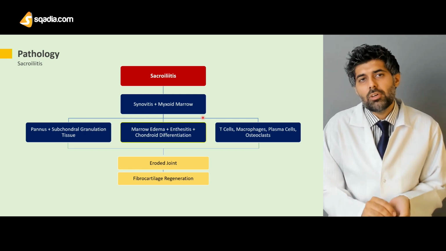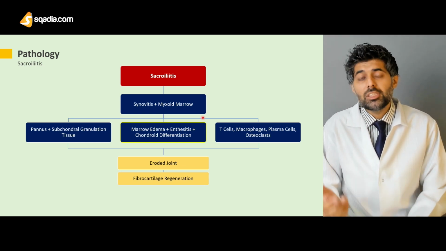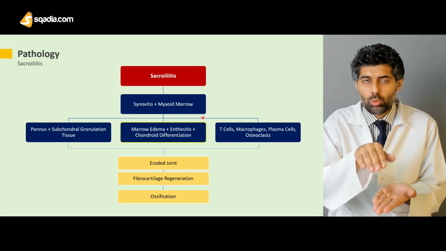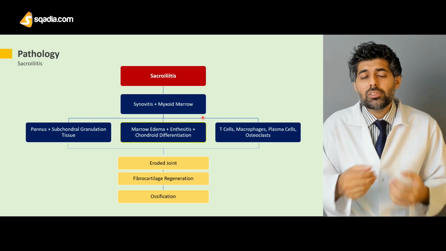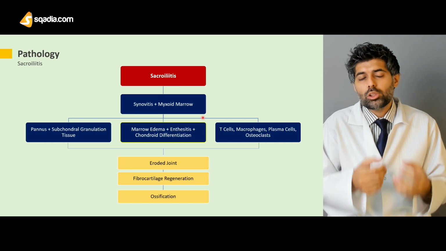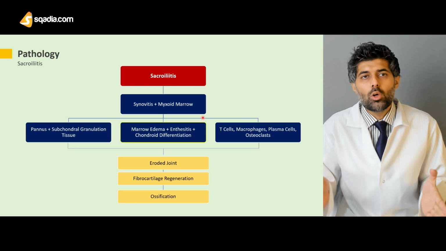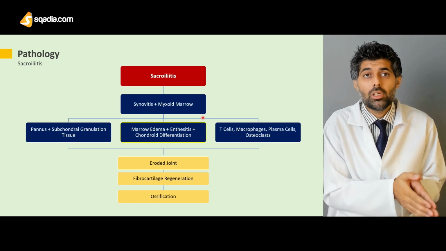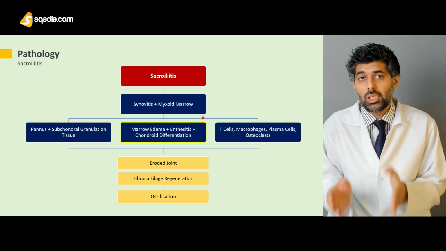After some mineralization, this regeneration results in the formation of bone between the two bones which form the joint. This results in the ossification of the joint. Ossification of the joint, along with the fusion of the bones which take part in it, is again a hallmark of ankylosing spondylitis.